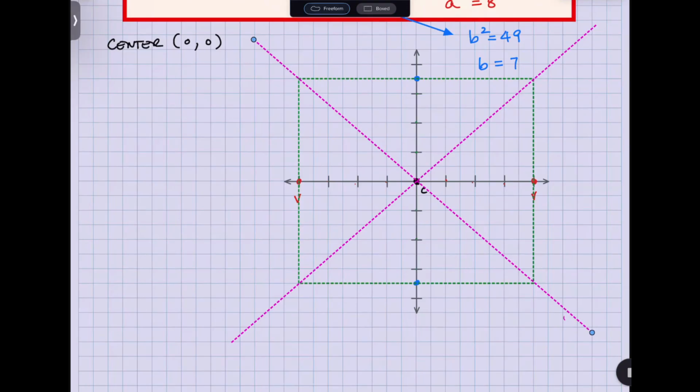Can you tell me what the slope of this asymptote is? But think about it. What is the equation of a line? How do I find the slope of a line? Isn't it rise over run? Okay. So let's go from one point to another.